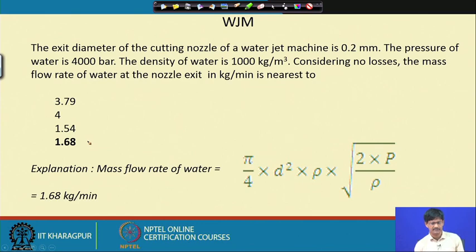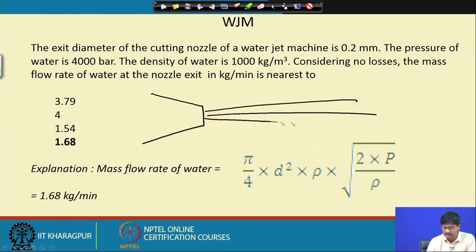So, let us first see what the problem is about. The problem says that there is a nozzle from which water is emanating in water jet machining. Water is coming out at high speed. Therefore, it is able to cut most of the non-metals like leather, paper, meat, frozen meat, etc. These things it can cut efficiently.